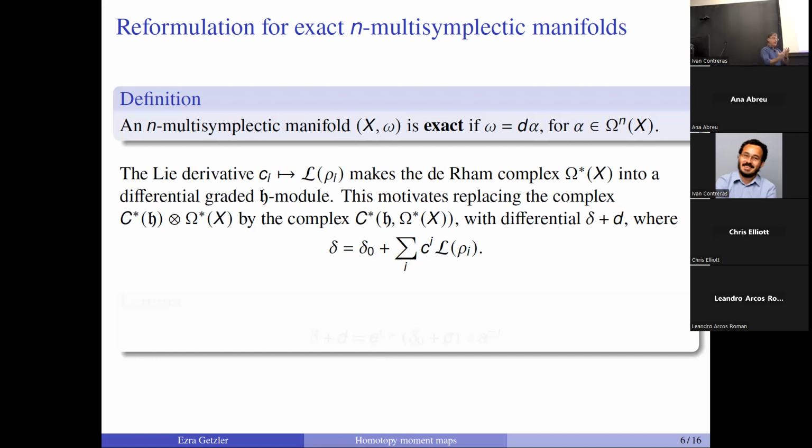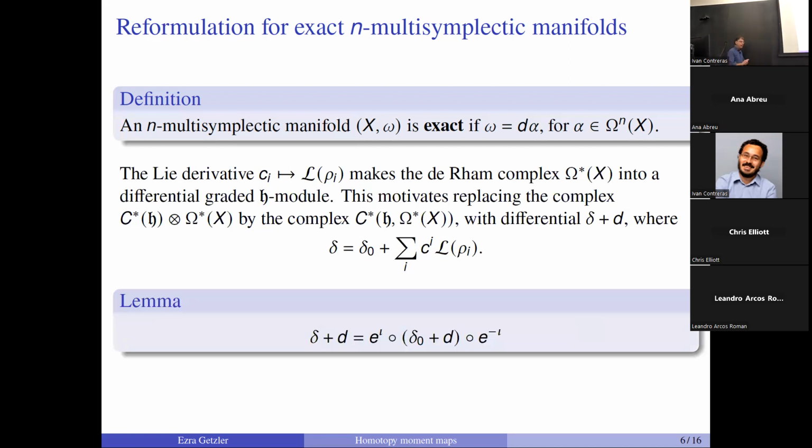And so the tensor product has a twist, which is given by the second term in that formula, which is just capturing the Lie derivative action. So now we have everything glued together, and my reformulation in the case of exact multisymplectic manifolds of the definition of homotopy moment map is going to involve this, to me, much more natural complex.